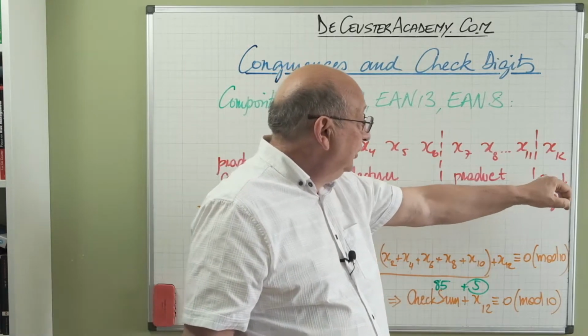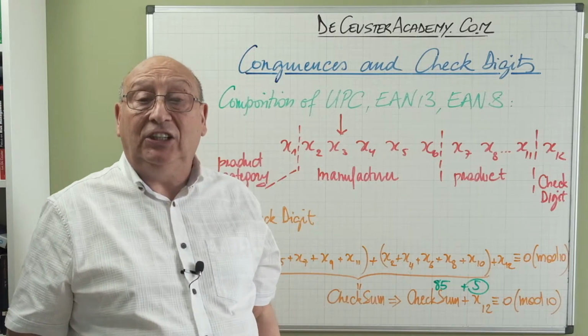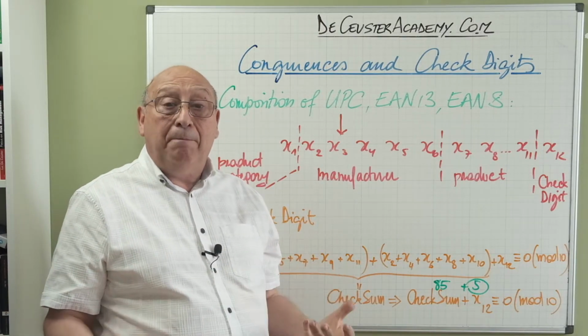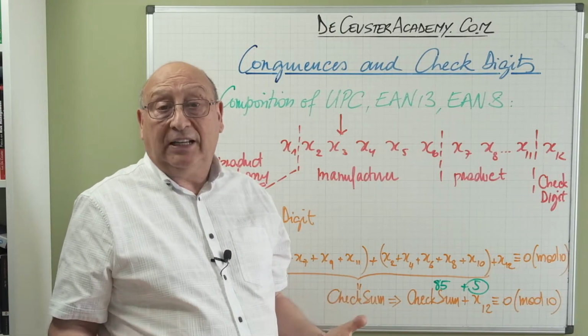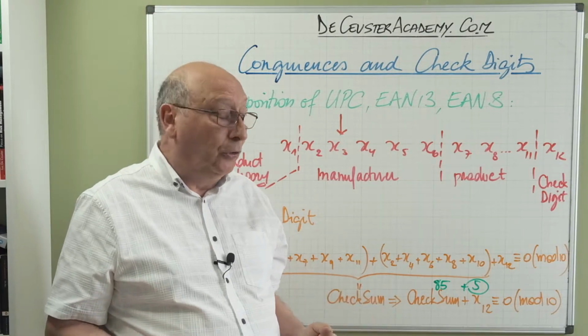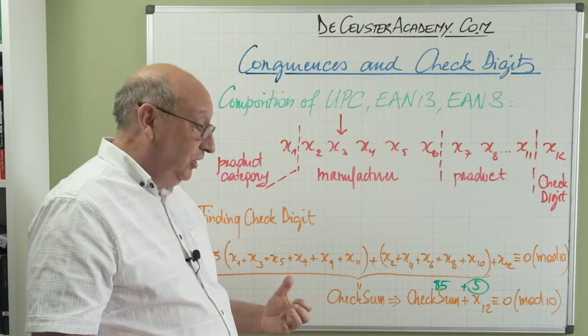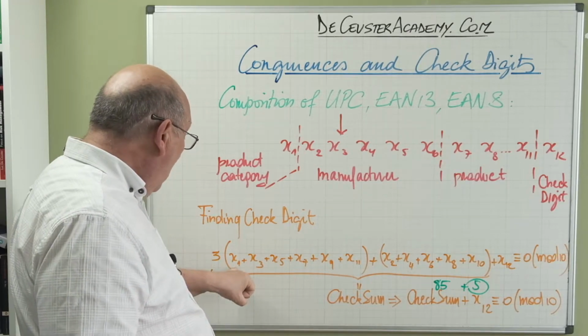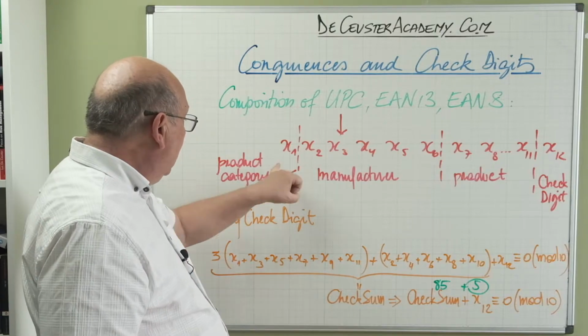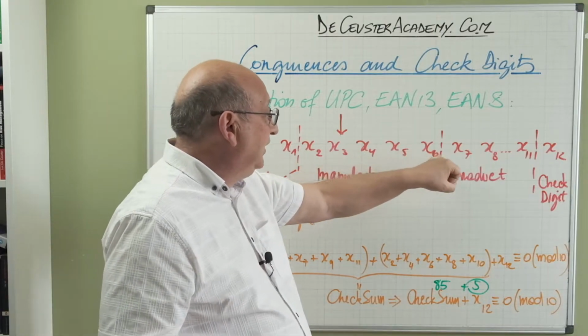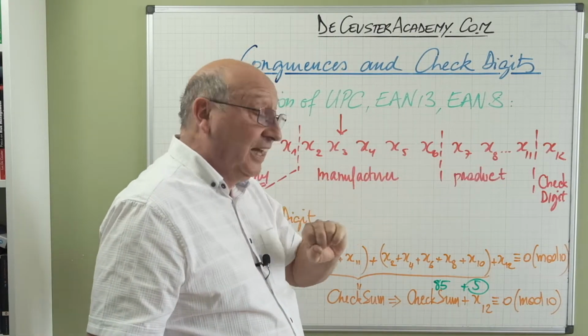And finally, we have the check digit that we have to calculate based on a modular calculation or based on a congruence. Now, how are we going to do that? How do we find the check digit? First, we take the odd parameters, x1, x3, x5, x7, x9, x11.